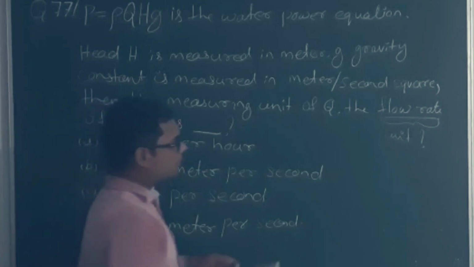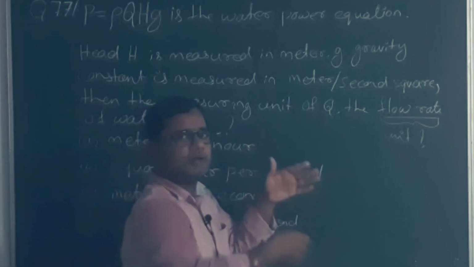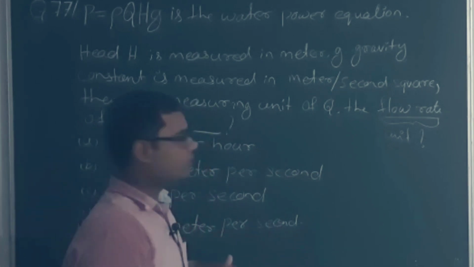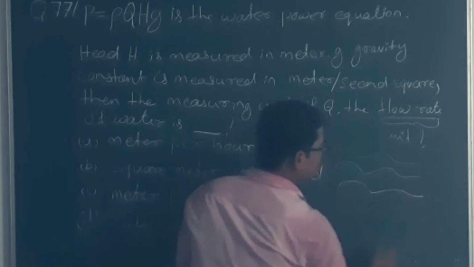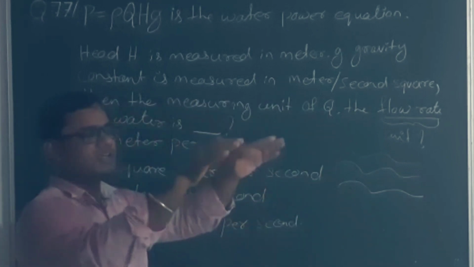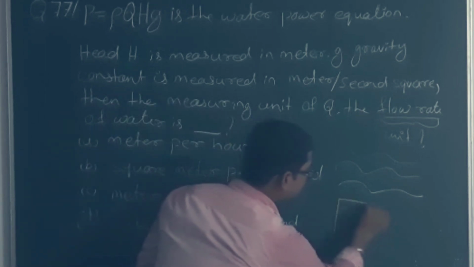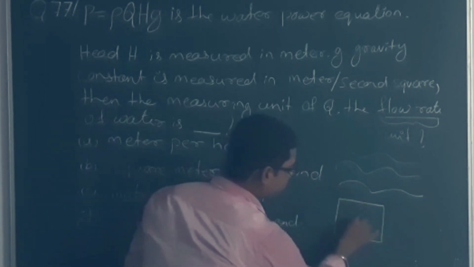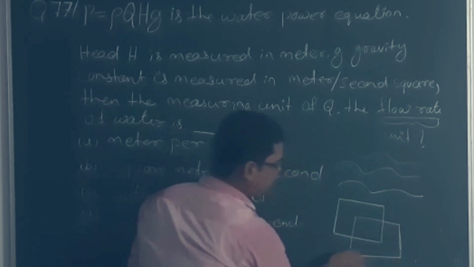We know that whatever water is flowing in your river, whatever water is discharged after its useful work in your turbine, the flow of water is considered as a volume. It is considered as a volumetric calculation. You can say this is a simple diagram of a rectangular volume.